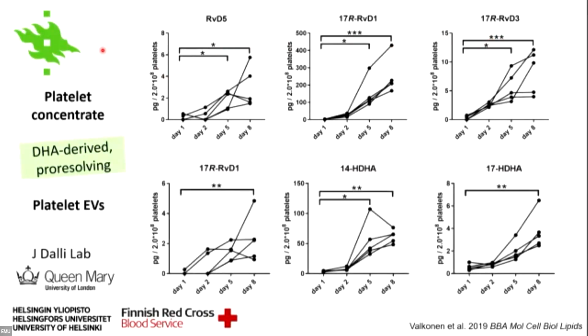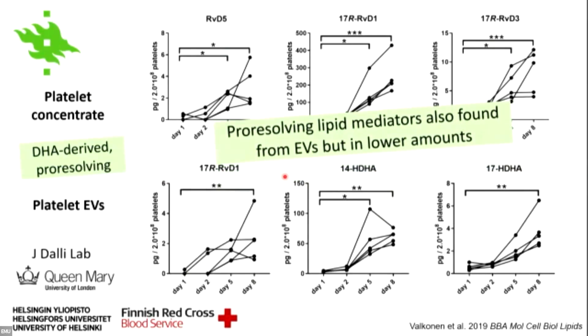When we look at the EVs, we see some increase in the actual lipid mediators, but we also see an increase in their pathway markers. I believe that because the amount of sample wasn't that big, that's one of the reasons why we didn't detect that many lipid mediators from EVs. We did see them, but they were in lower amounts than in the concentrates.